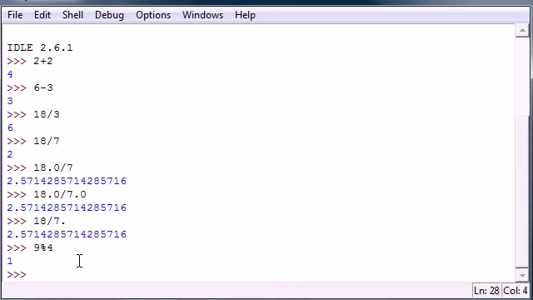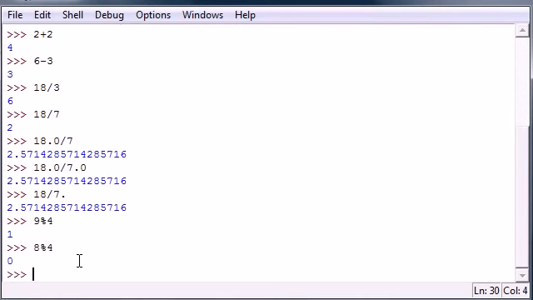So what if you got the modulus of something like 8 divided by 4? What's the remainder of that? It's 0. So whenever you press enter, voila, it gives you 0. Who would have thought? So there's one extra thing I just want to tell you about. You can even get a modulus of a float, like there, that'll give you a remainder. 8.75, what's the remainder when you divide it by 0.5?